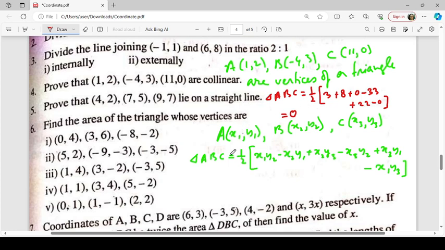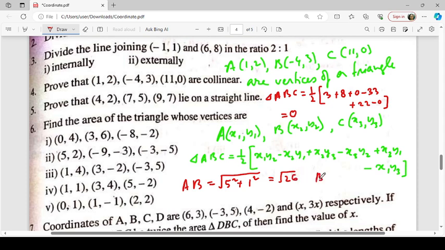Also, if we find AB, what is AB? AB is equal to root over (1 minus -4), it is plus 5, so 5 square, plus (2 minus 3), it is 1 square. This is equal to root over 26.